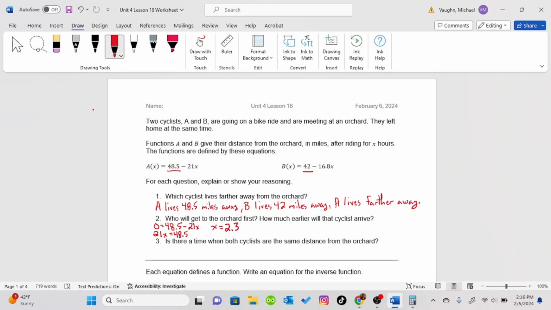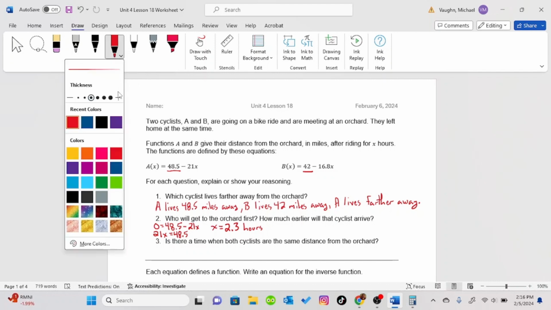And this is measuring hours. So it will take cyclist A 2.3 hours to get to the orchard.